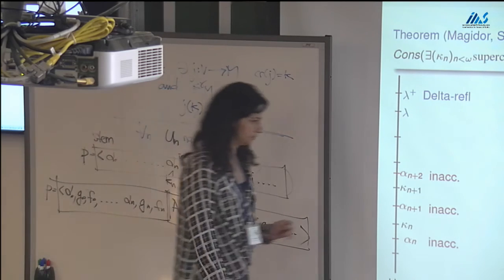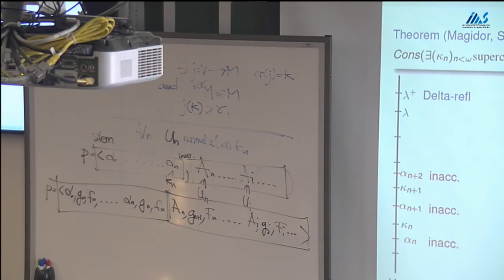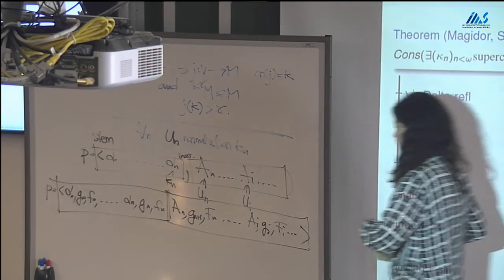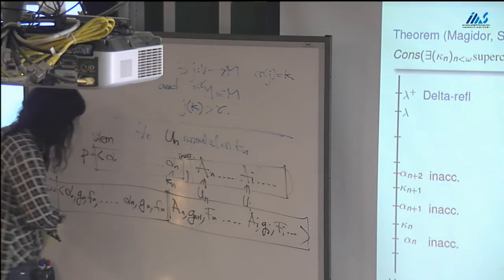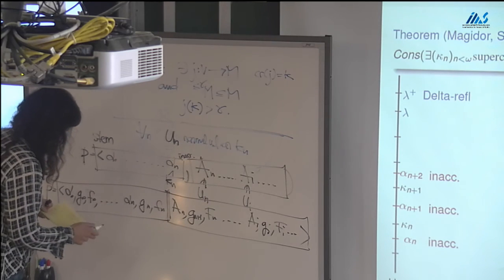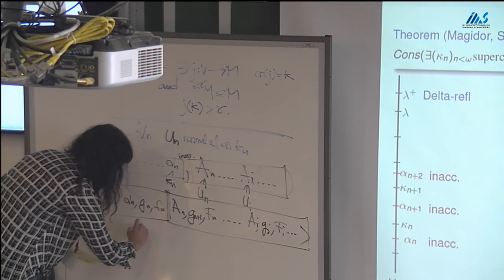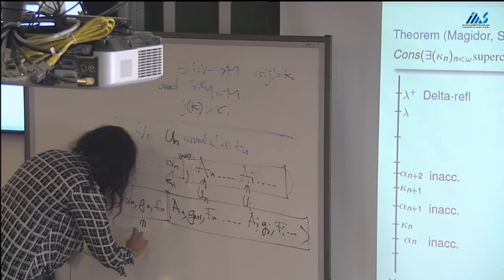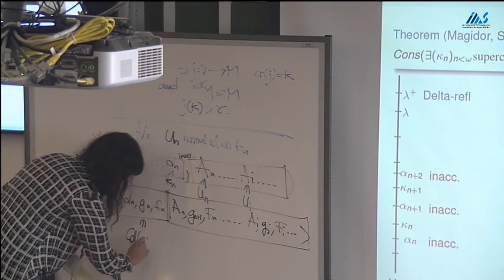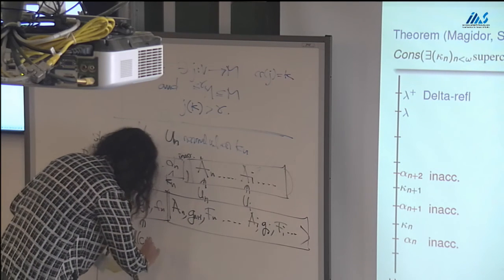And the G_i's, so let me write precisely. Each G_n is in the collapse of kappa n minus 1 plus plus below alpha n.